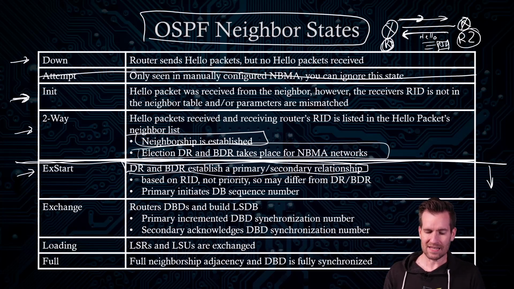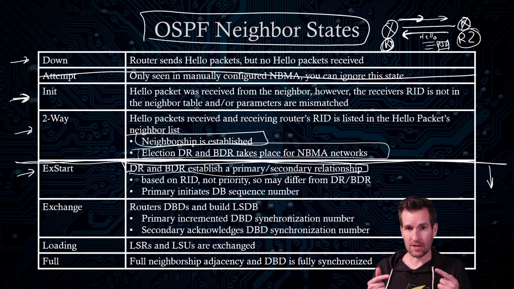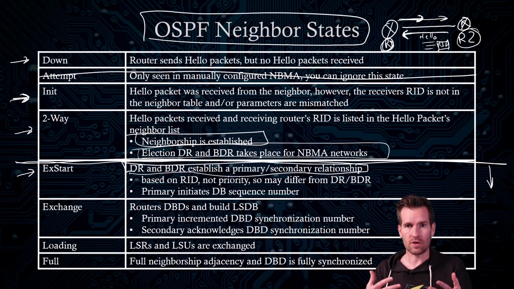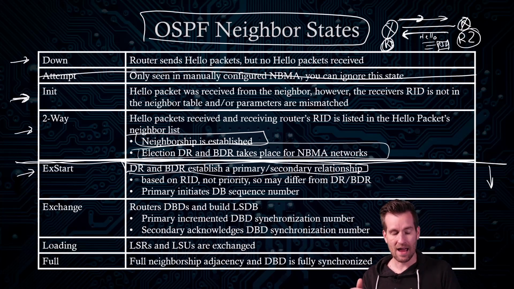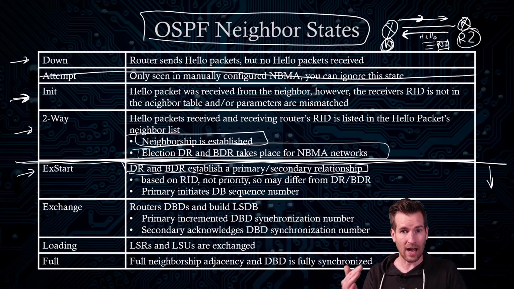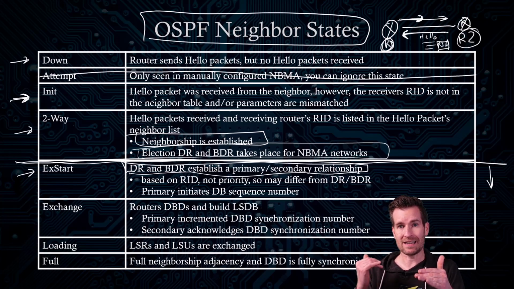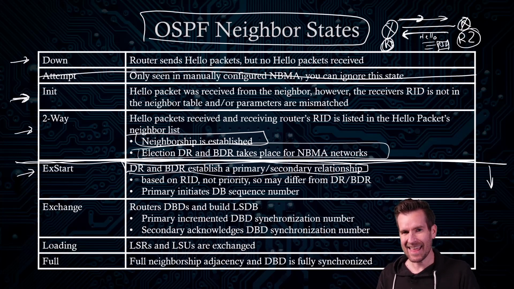So the routers actually have to communicate back and forth and figure out who's going to be the primary or secondary, or you can also see it in some places listed as master and slave. Whoever becomes the primary is going to have the higher router ID. So the higher router ID becomes the primary, and the lower router ID becomes the secondary.